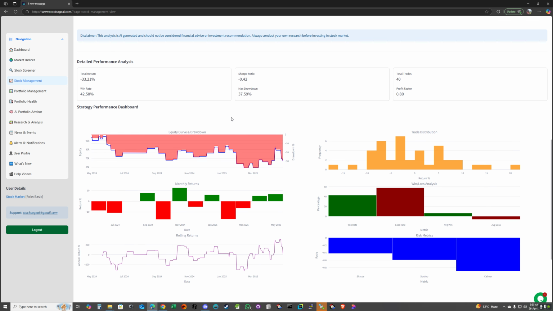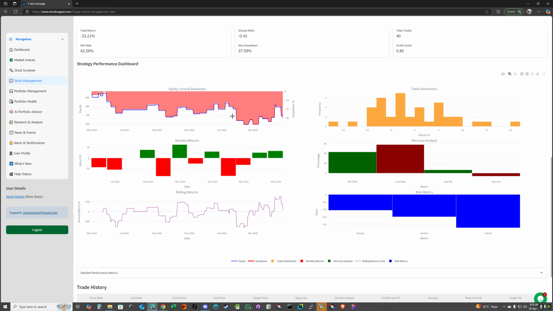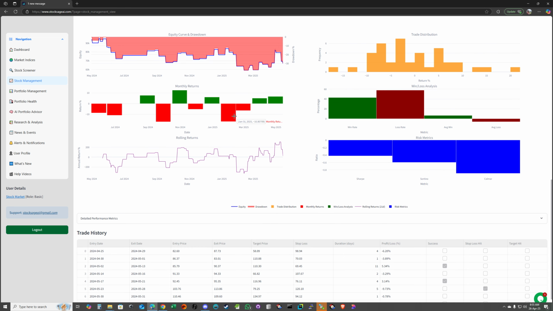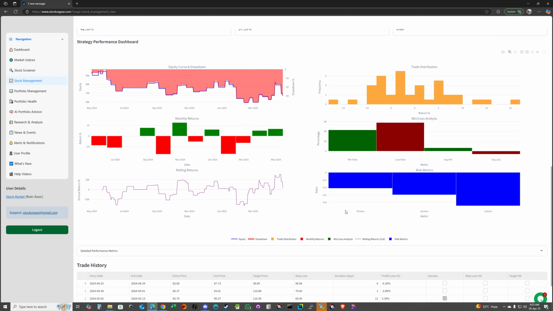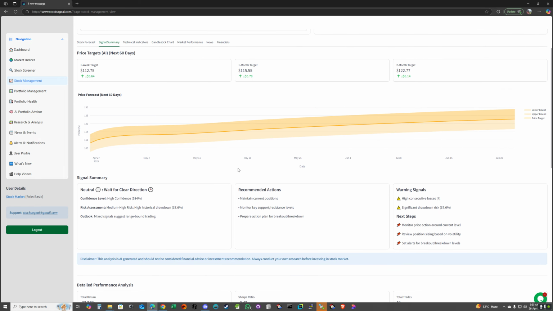We have certain graphs which we showcase over here, which are primarily used for back testing and to look at the equity curve, monthly returns, trade distribution, the bets we made, the losses we incurred, the wins we got, rolling returns, how much they were, and the risk matrix. All of that data is available over here for deep analysis, and on the basis of that, the investors can take a call on how to proceed for this specific stock.